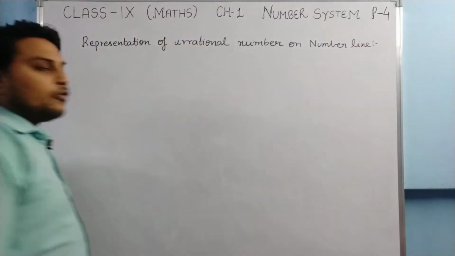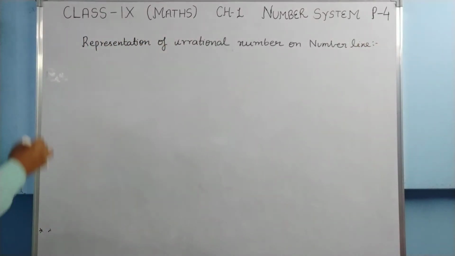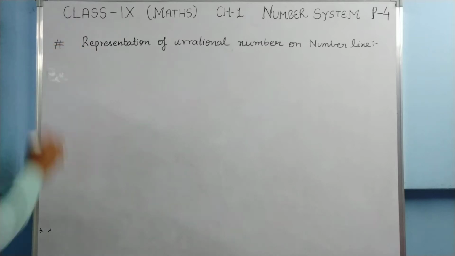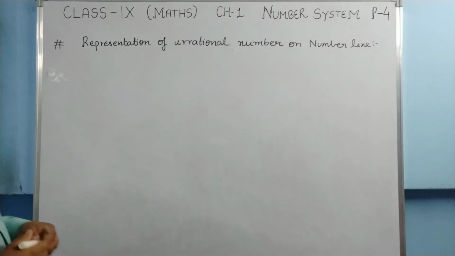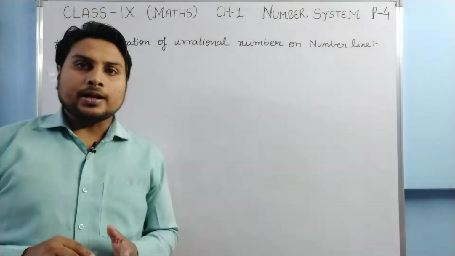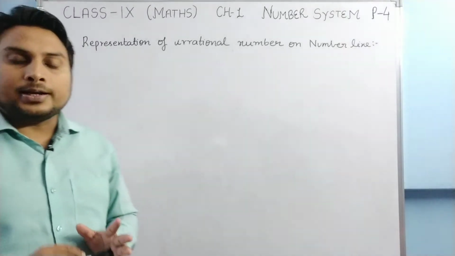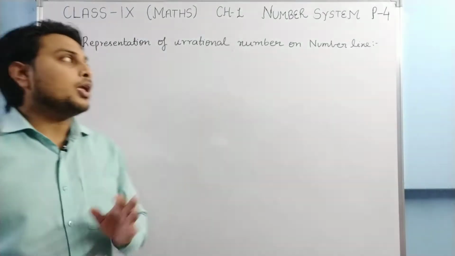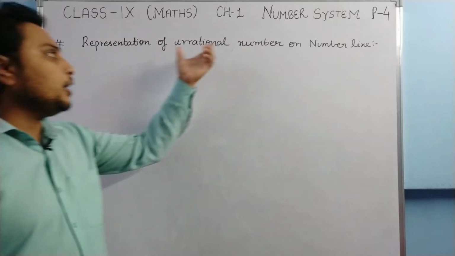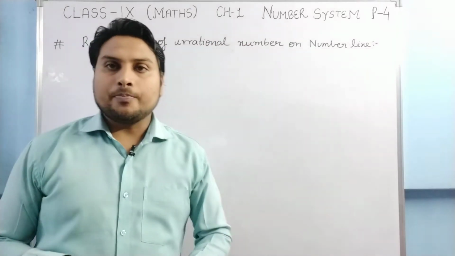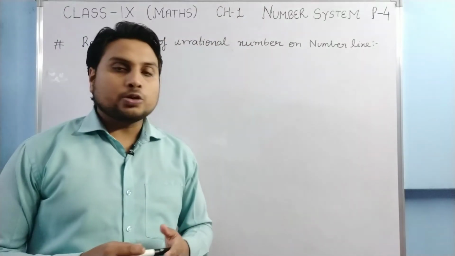How can we show any irrational number on the number line? The representation of rational numbers on the number line, that topic we have already covered in part 2. Now we have to show irrational numbers also on the number line. So how will we show it?